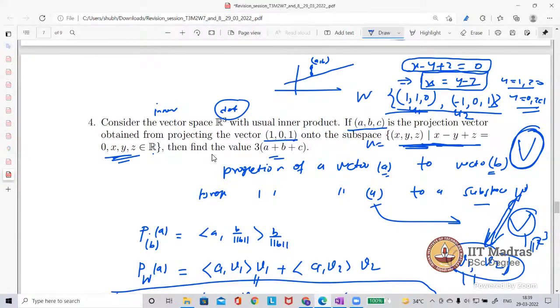This system has infinitely many solutions, or you can say there are two independent variables. That's why it needs only 1, 0 and 0, 1, because you want to find a vector. That is the process of finding a basis when it is given like this.